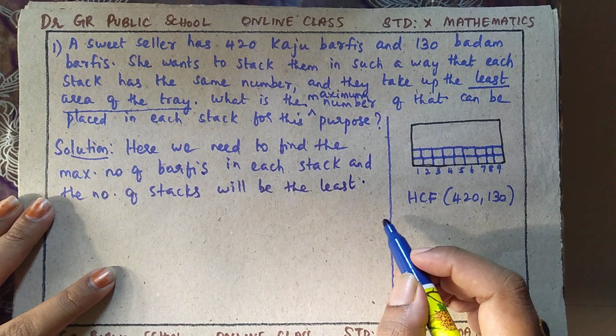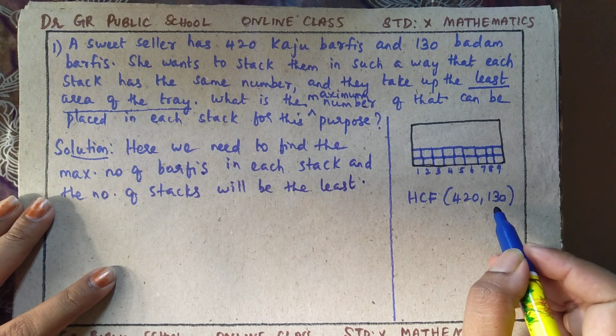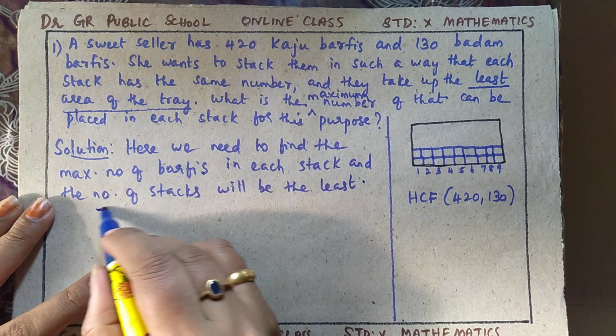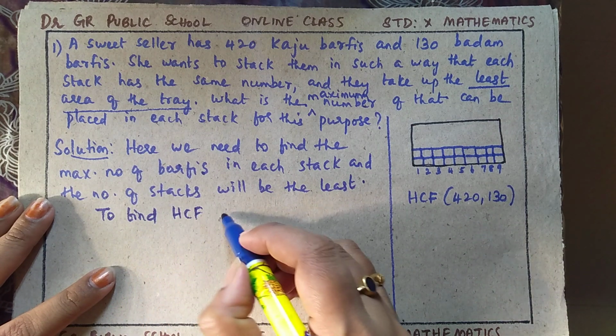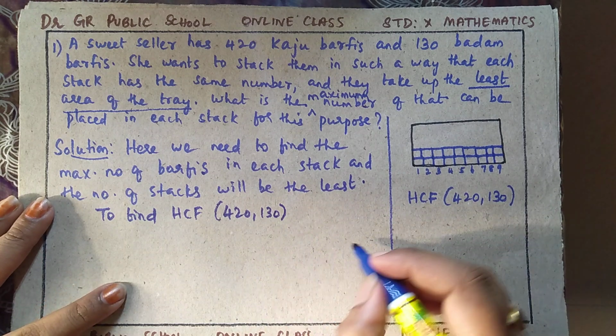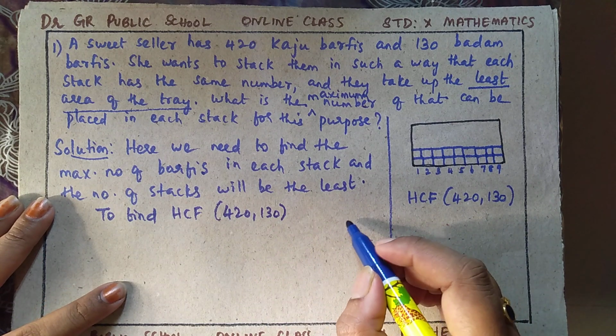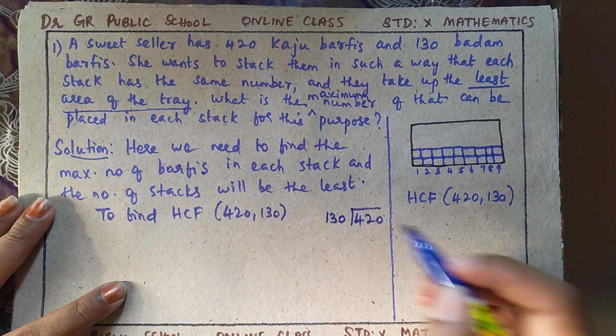That is, we need to find out HCF of 420 and 130. So to find HCF of 420, 130 by Euclid's division lemma, we can take 420 as the dividend and 130 as the divisor.